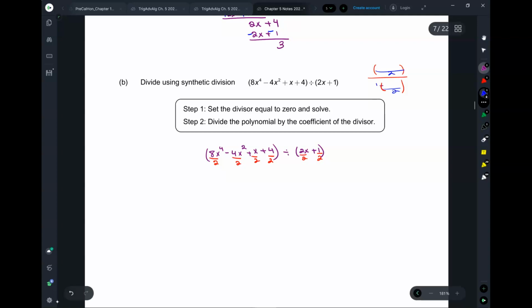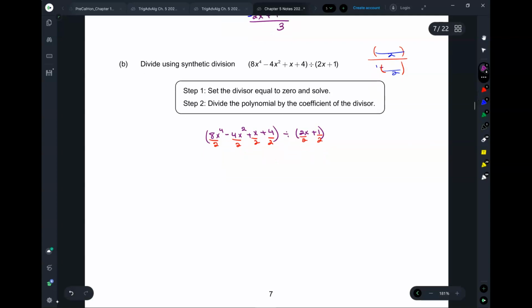So now I have a new set of functions. Now I got 4x squared minus 4x to the 4 minus 2x squared plus half x plus 2 divided by x plus a half. You have got to do this.